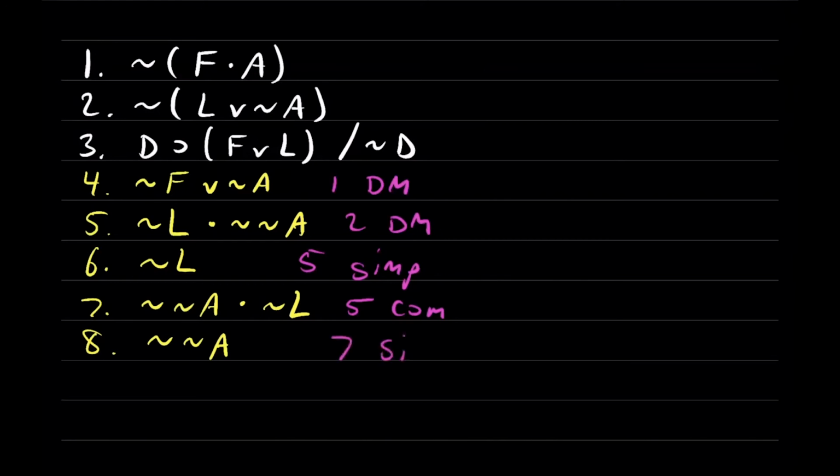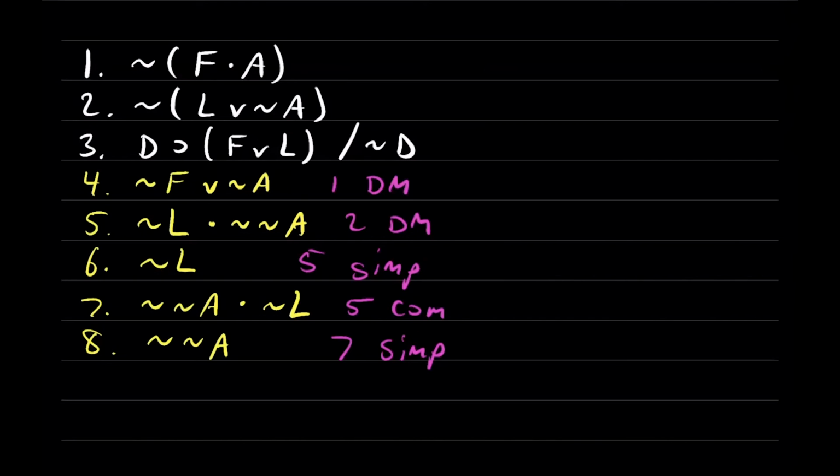by simplification. Now here's where you need to think strategically a little bit. You could use double negation to get rid of that double negation and just get A on its own line. In fact, we might need to do that. We don't know yet. But what I notice is that we've got a disjunction on line 4, not F or not A. And now I have the negation of one of those terms, not A on line 8. So this is starting to look like a disjunctive syllogism step.